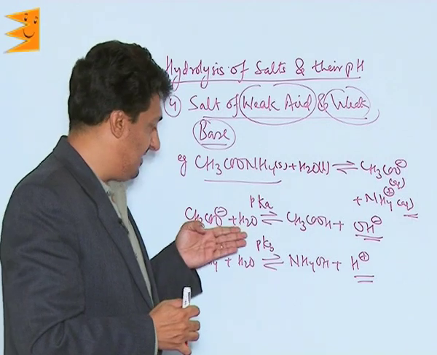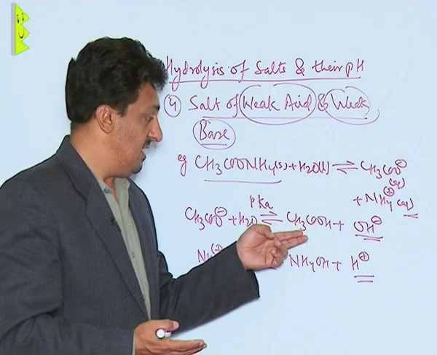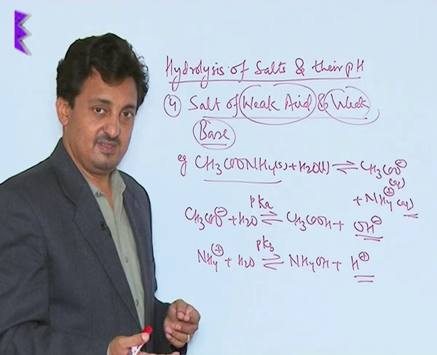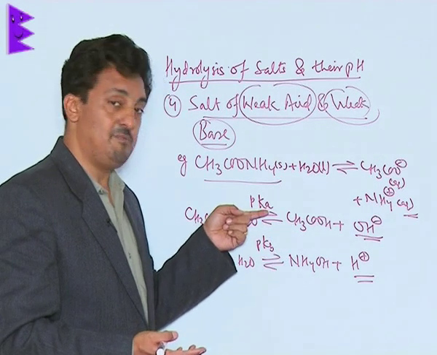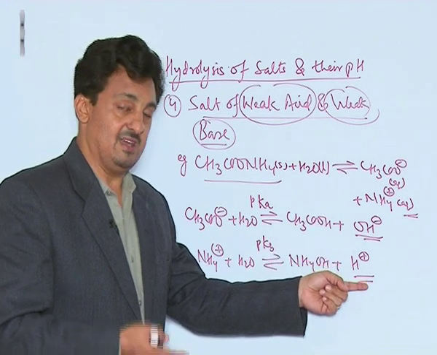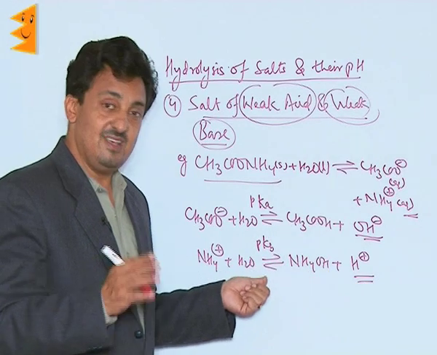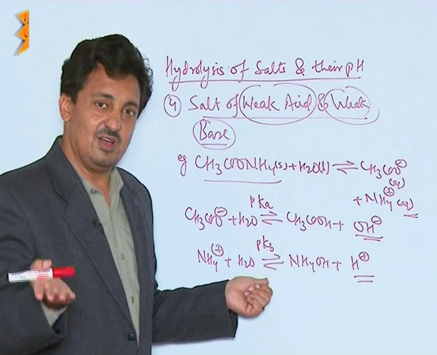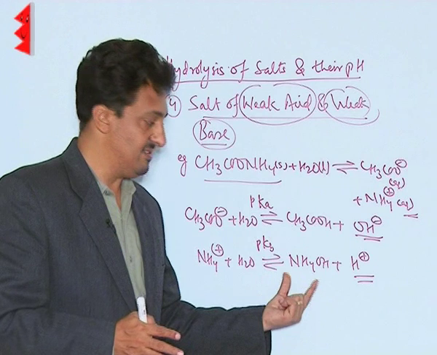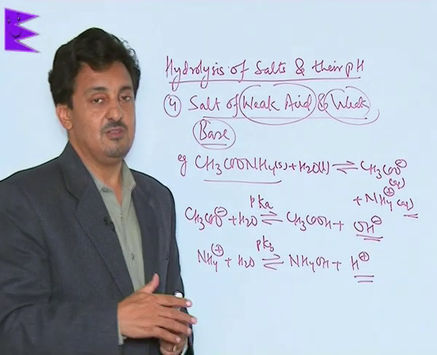If the acid's dissociation is stronger, higher, more of the hydrolysis takes place, and the medium will become acidic, because pKa is lesser, fewer OH ions will be generated, more of the H ions will be there, and the medium will become acidic. Similarly, if the base is stronger, its pKb will be less, lesser will be its hydrolysis, fewer H ions will be generated, more of the OH ions will be there, and the medium will become basic.